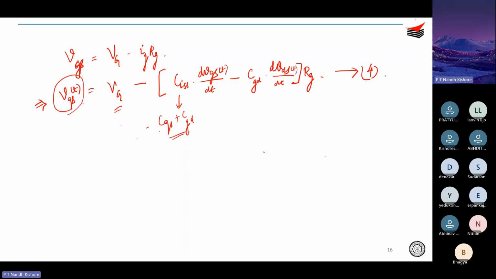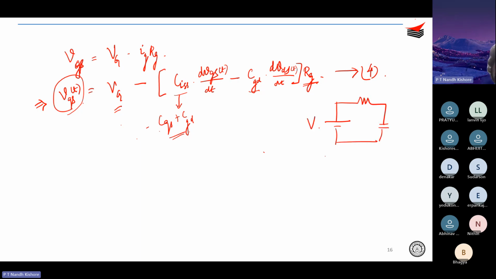It is a function of these capacitances, CISS and CGD, and it is also a function of RG, the gate resistance. Basically, if you solve this, it's actually an ordinary differential equation, and it will be just like an RC charging. The equivalent circuit is something like this.